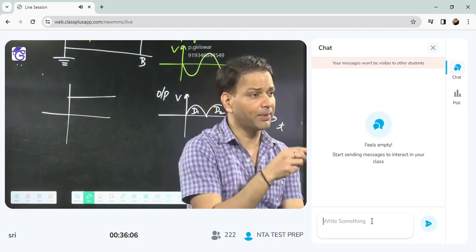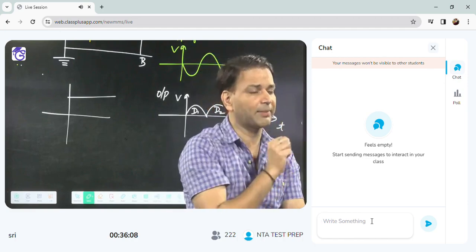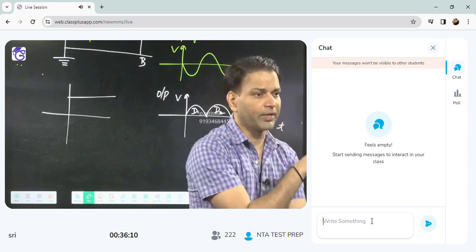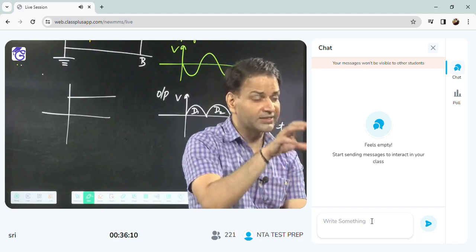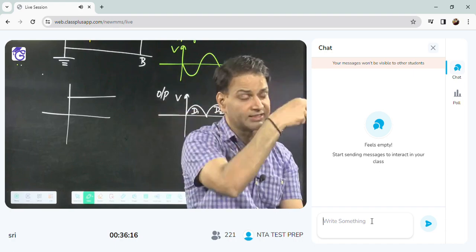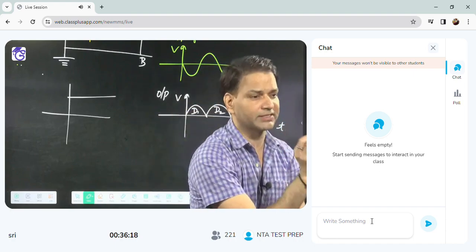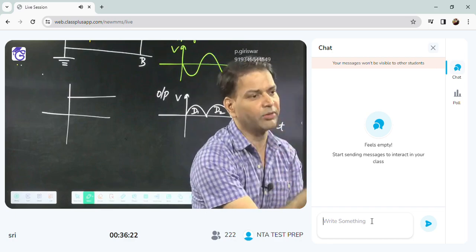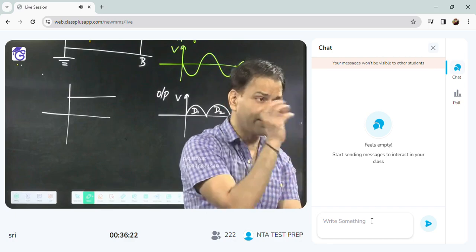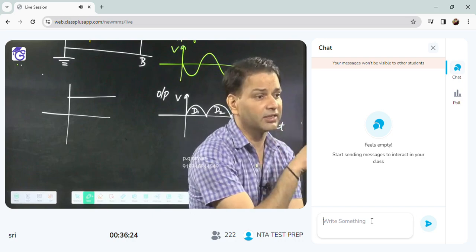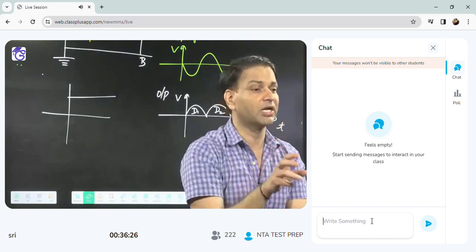So what will happen in this center tapping transformer, in this combination, we will get some AC components also. In this DC, some AC component is also there because reverse bias current will not be 0. Very small current will be there, but it will be there. So that's why some AC component will be there in this DC. That AC component is called ripples.